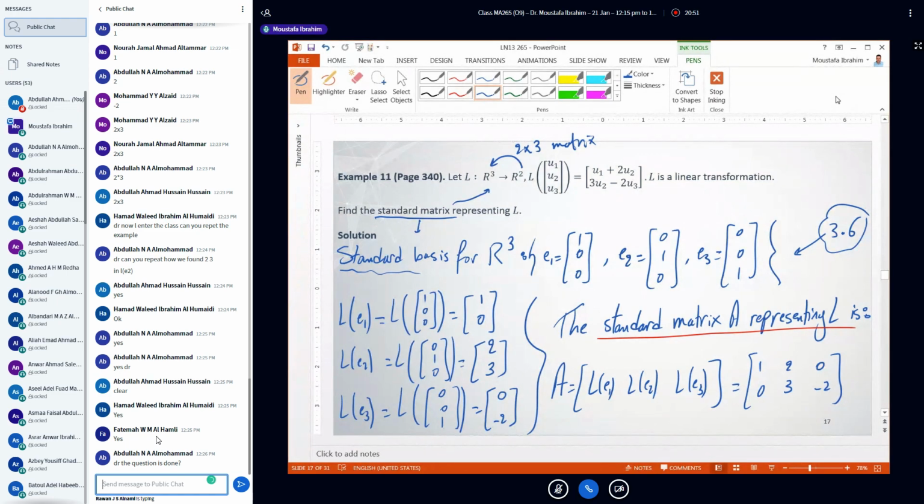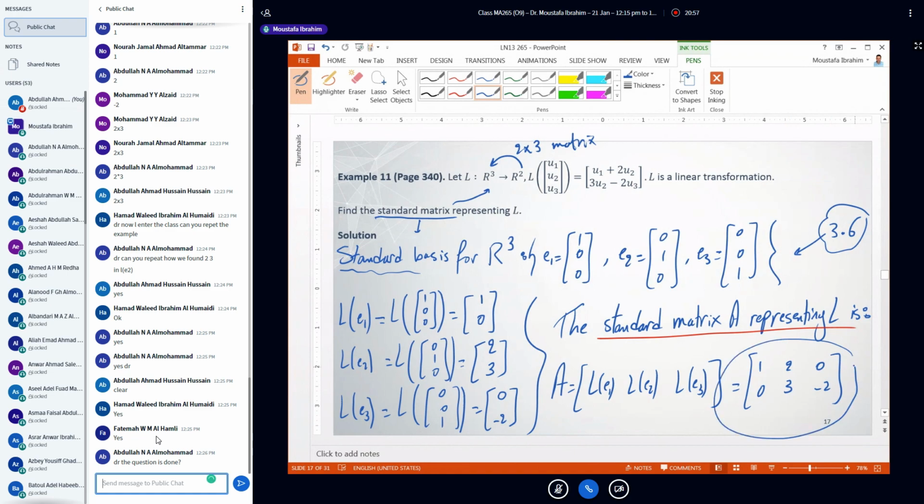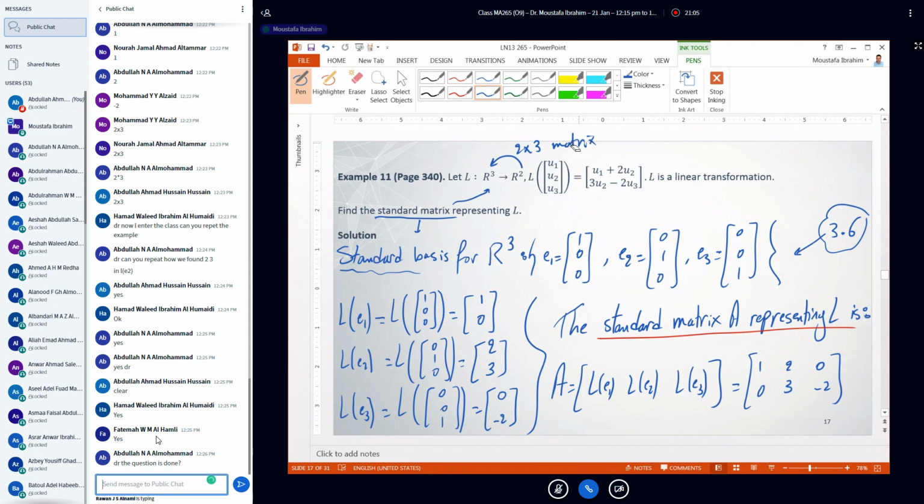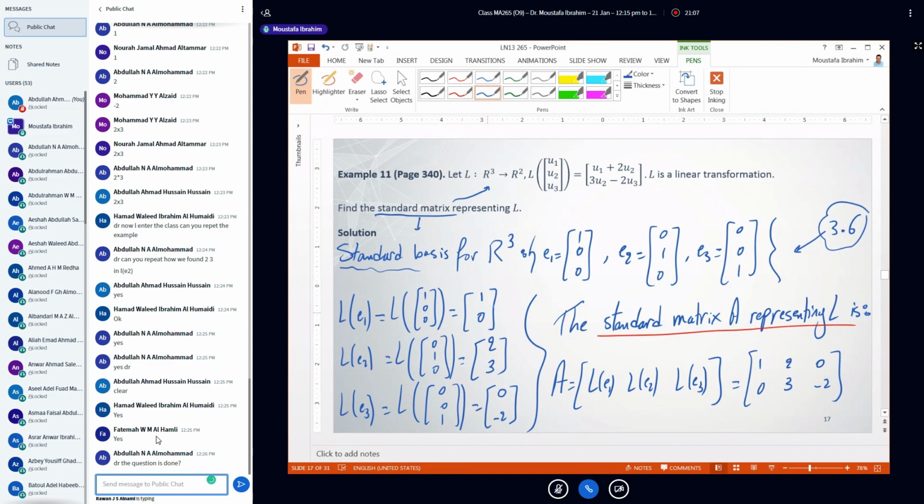Yes, the question is done, because look, what's the question? Find the standard matrix. We did it, finish. This one, we get it. And it's 2 by 3, look, always it will be 2 by 3. So second multiply first matrix. So, let's erase here.